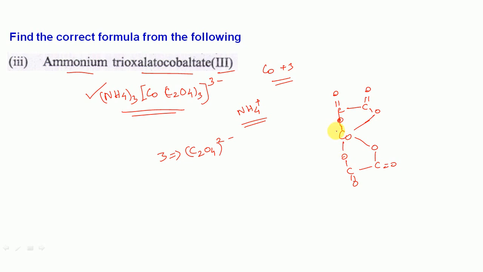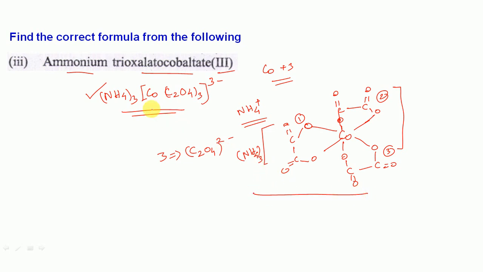Same for the other 3: O, C double bond O, C double bond O, O, and the last one likewise, connected here. So this is oxalate number 1, number 2, number 3. This is the structure, and outside, 3 ammonium. Ammonium trioxalatocobaltate(III).